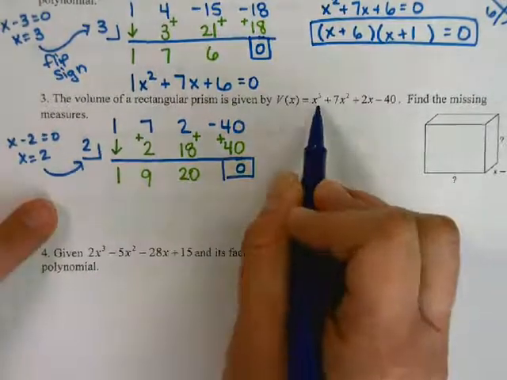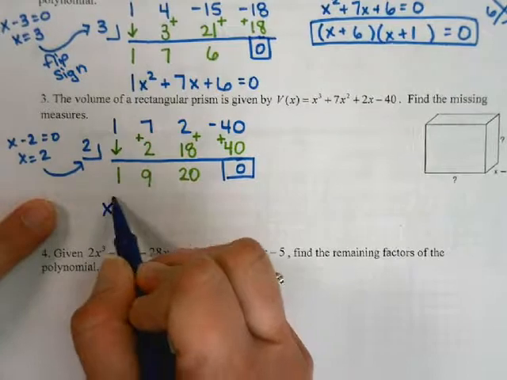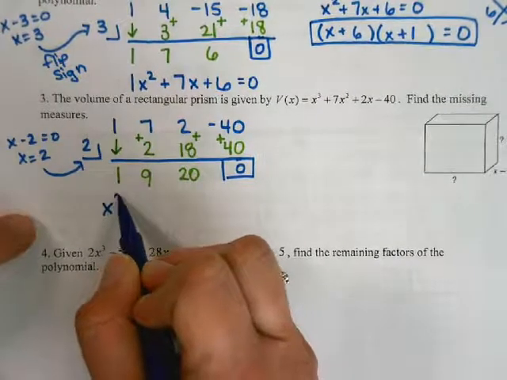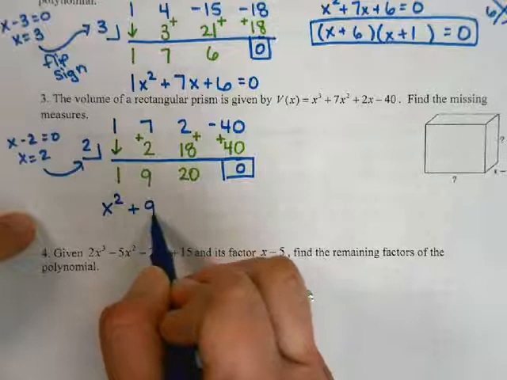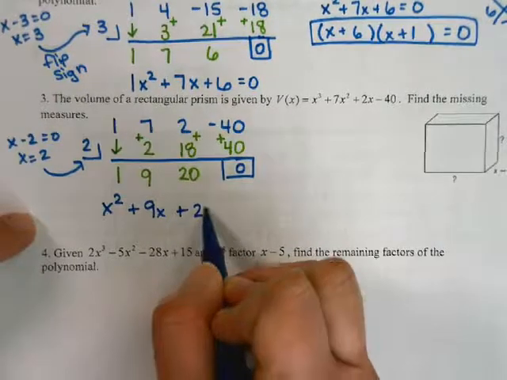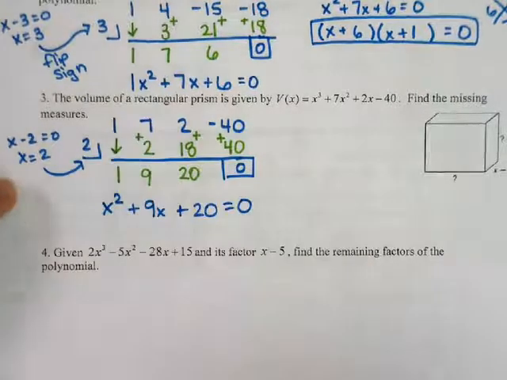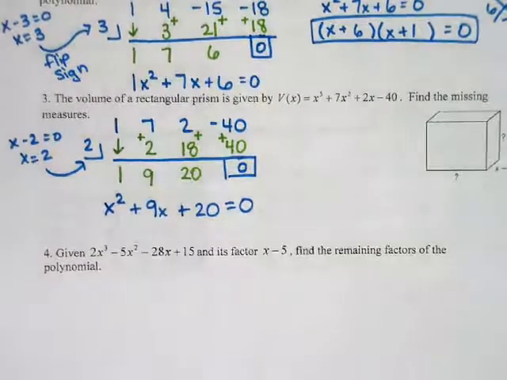Started out with an x cubed. I've depressed my polynomial. I've divided one of the exponents off, so now I'm left with x squared plus 9x plus 20 equals 0. Okay, see if you can factor that.